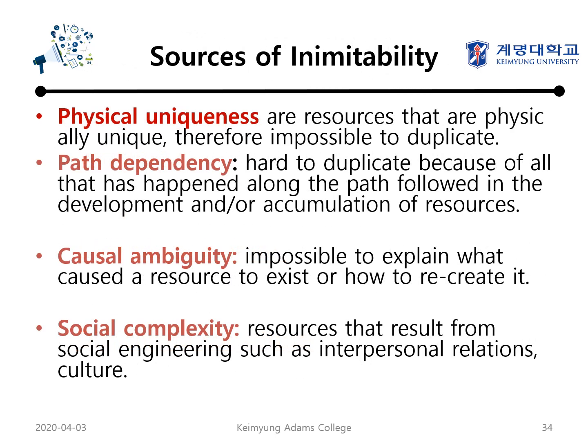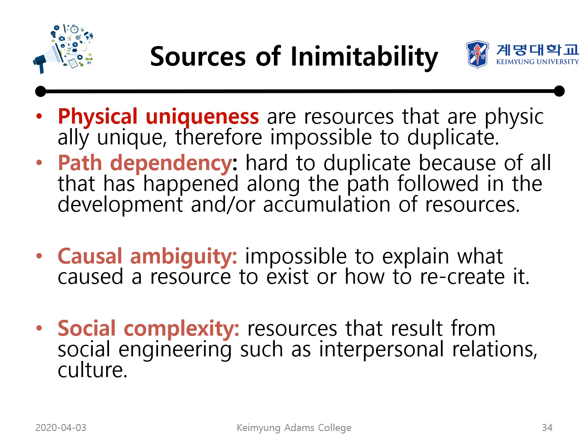For imitation to be avoided, one of four conditions needs to be satisfied. First, physical uniqueness. By definition, it is inherently difficult to copy. Examples include a beautiful resort location, mineral rights, or Merck and Company's pharmaceutical patents.